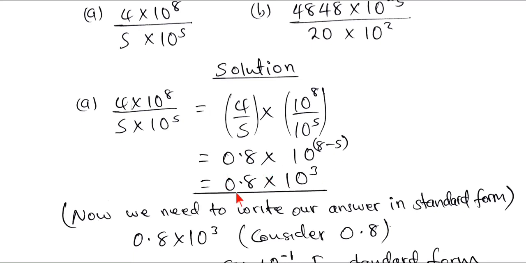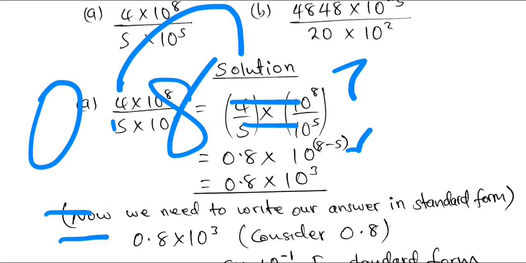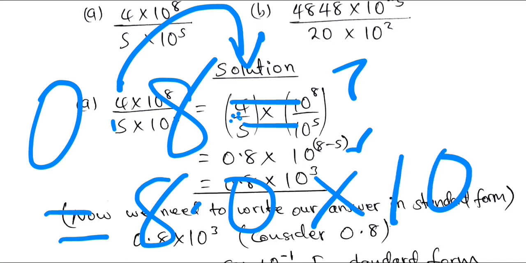Let me help you find the standard form of this 0.8. You have to write this number in standard form. You have to shift this decimal up to this point, right? When you shift the decimal, it will be 8.0, because there is no number here, so I can assume there is a 0 here. So it will be 8.0 times 10 exponent.